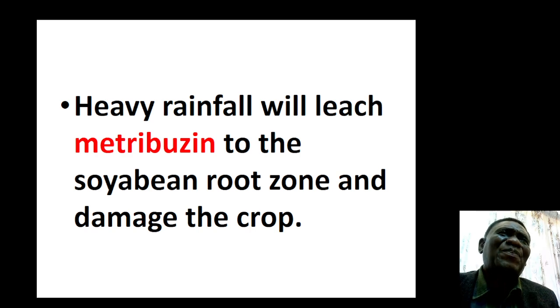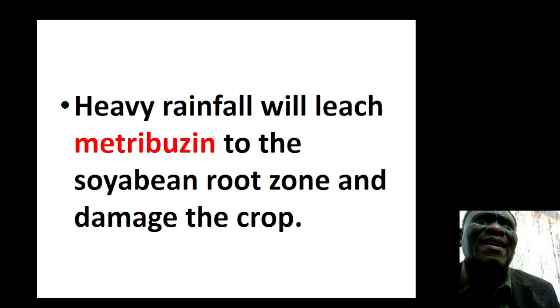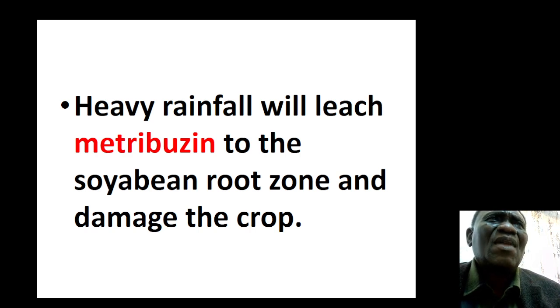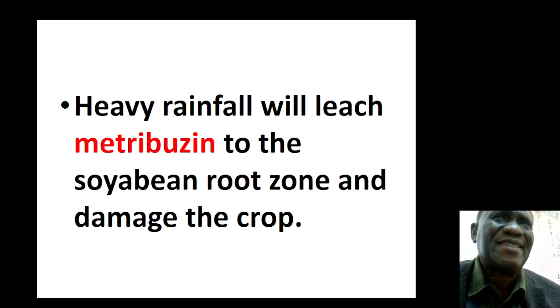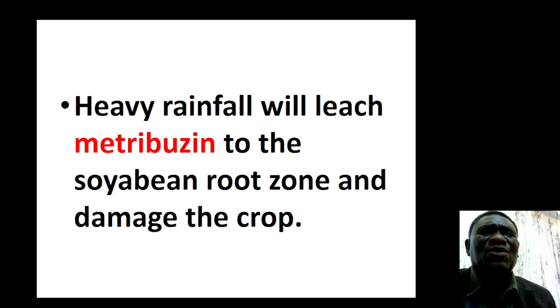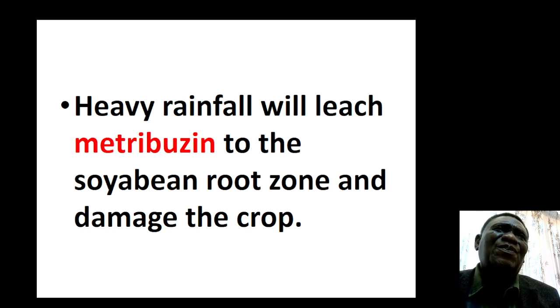It can also depend on the genes of that soybean. So different genotypes could respond differently. You may find that some varieties could be damaged, others may resist.